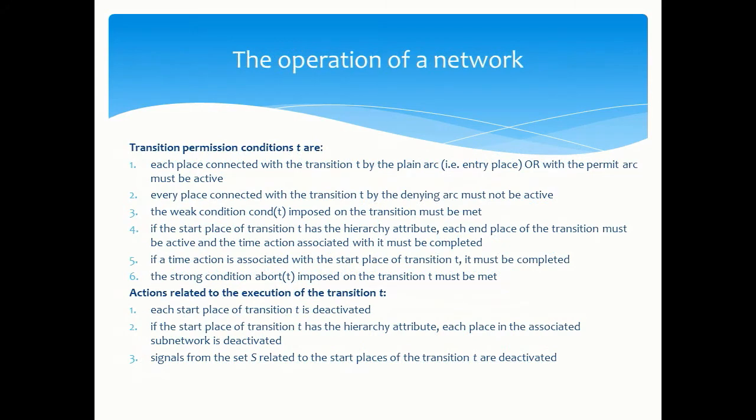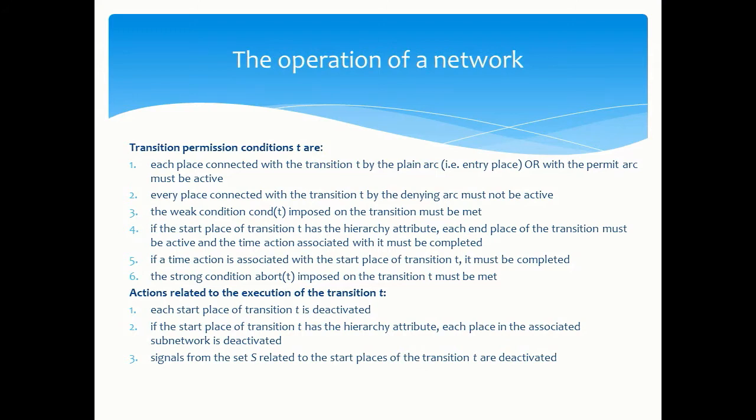Permission conditions of transition T are: 1. Each place connected with the transition T by the plain arc or with the permit arc must be active. 2. Every place connected with the transition T by the denying arc must not be active. 3. The weak condition cond imposed on the transition must be met. 4.